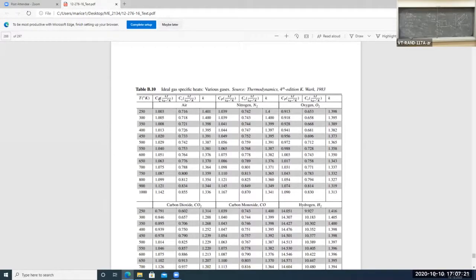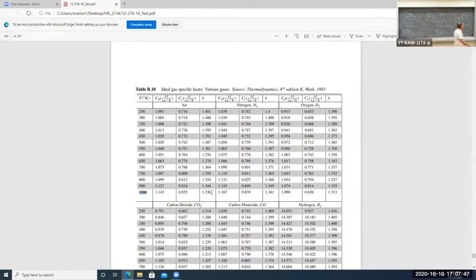Cp and K for air. This is table B10. I only go up to 1,000 degrees, that's why I did it at 1,000. I see K is 1.336. So I'm going to write Cp and K evaluated at 1,000 degrees Kelvin.